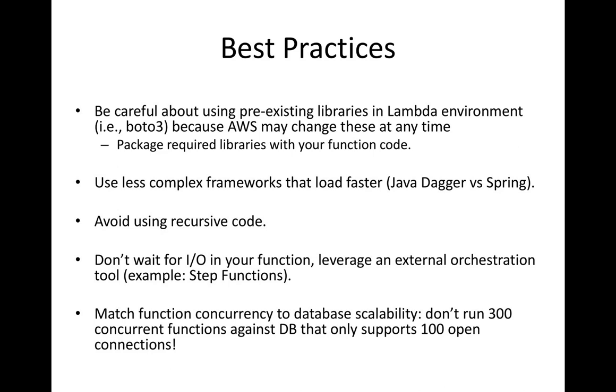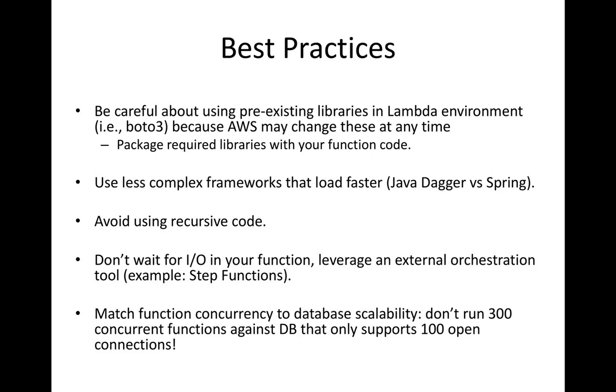For example, if I'm creating a Lambda function using Python, then AWS will automatically make the Boto3 library available, which is the AWS SDK library for Python. You don't have to specify the version of Boto3. You don't need to package it in because it's going to be available to you by default.